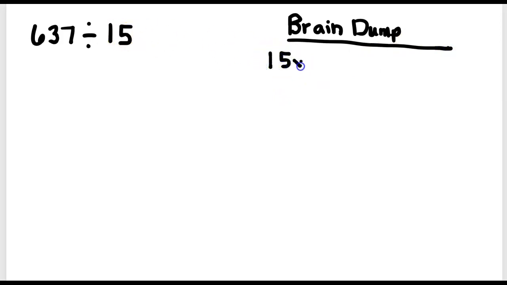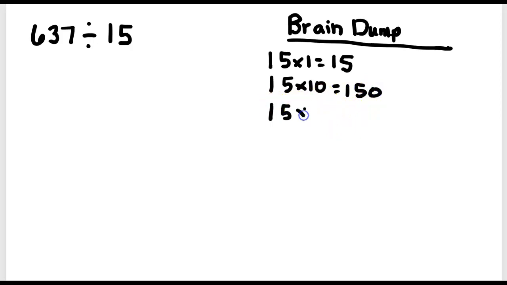So I know 15 times 1 is 15. But here's the thing. If I know 15 times 1, then I know 15 times 10, because that's a power of 10. All I have to do is place a 0 behind. 15 times 2 is 30.